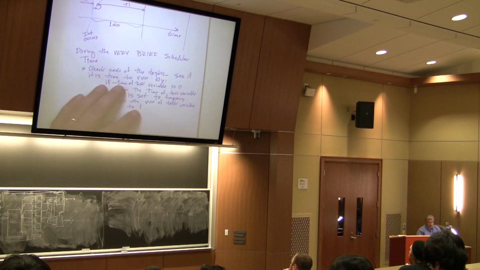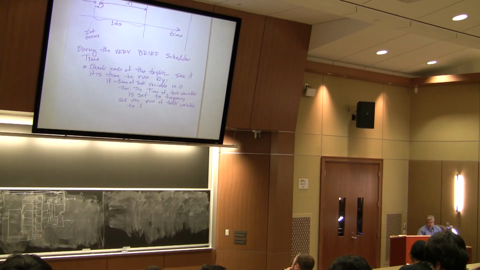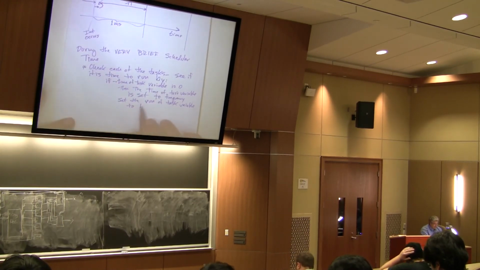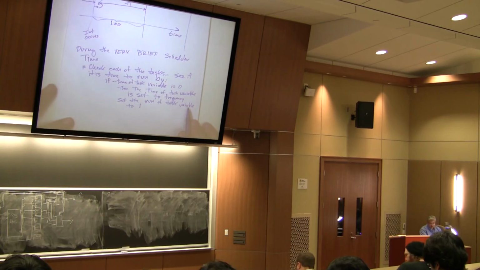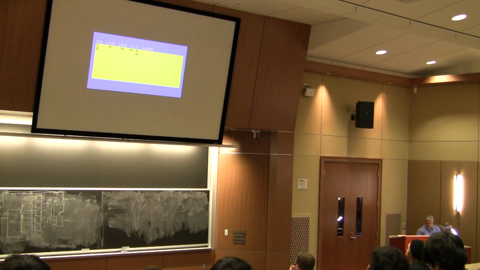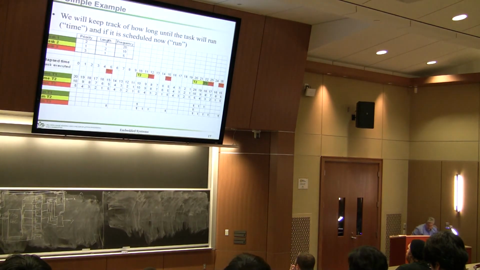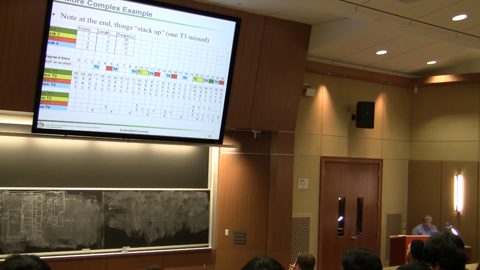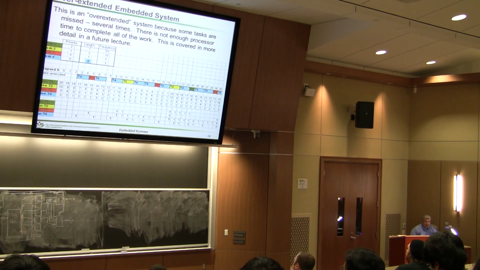Emphasis on you don't check the time or the run of task variable to see if it's 1 already. You just change it to 1 anyhow. Because as we saw in the example up here, in an extremely overextended system, you may actually set the variable to 1 when it is already 1.